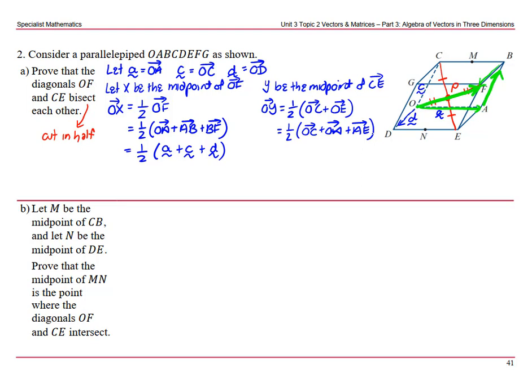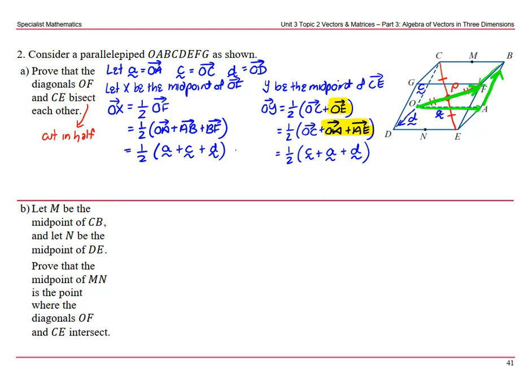It's very hard to illustrate on a small diagram, but make sure you draw them so you can see where this is coming from. So all I've done is I've replaced the OE with OA plus AE. So that becomes a half, OC is C, OA is A, and my AE is parallel to OD, so that is D.